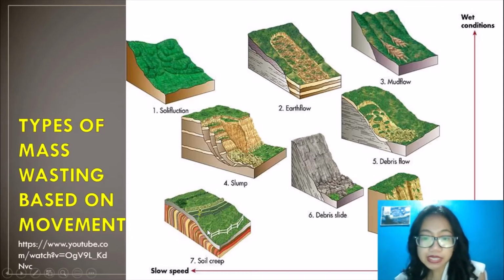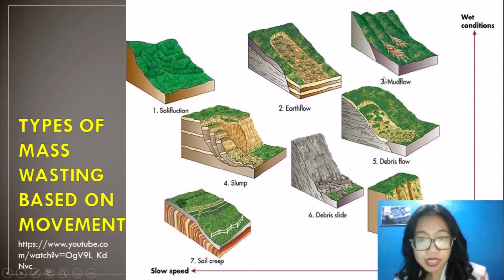Soil creep is also a slow type of mass wasting, but the difference is soil creep happens in dry conditions while solifluction happens in wetter conditions. Okay, you have your slump, earth flow, debris slide, debris flow, rock fall, and then mud flow.